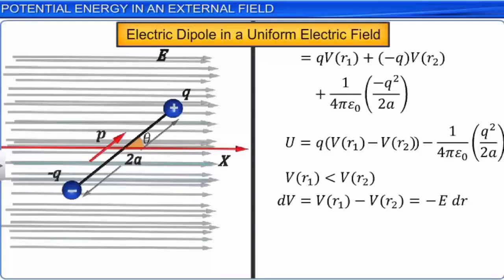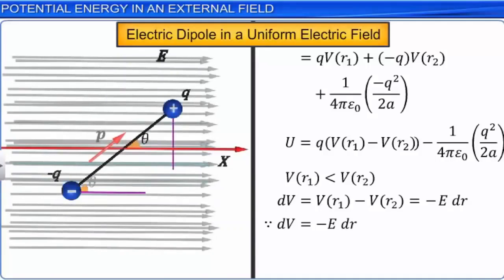Since dV is equal to minus EdR, from the figure, dr is equal to 2a cos theta.